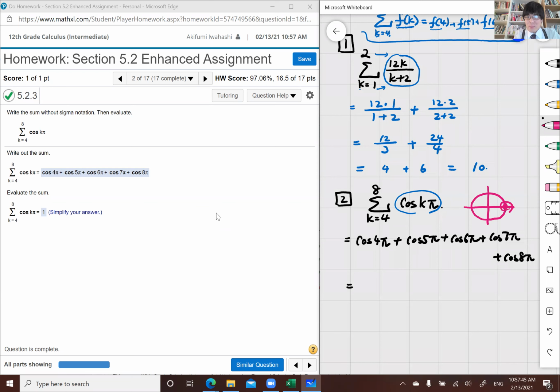So cosine of 4 pi is equal to 1. 5 pi will be here. You have half revolution more, so it's going to be -1. And 6 pi, it's going to be +1 again. 7 pi, -1. And 8 pi, +1. So that sum is going to be equal to 1.